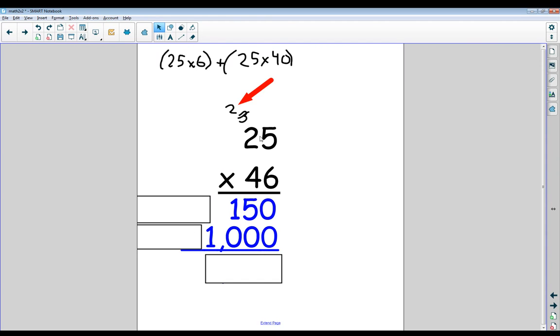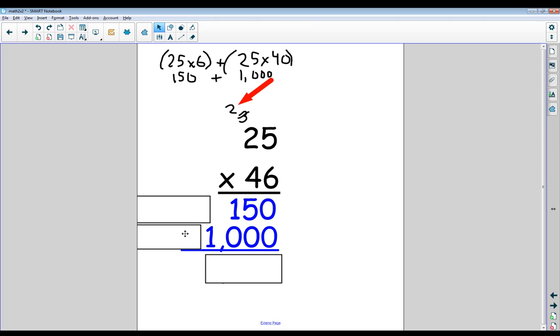Now, if you think about it, 25 times 6 actually equals 150. And 25 times 40 actually equals 1,000. And if we were using expanded notation and the distributive property, we would have to add these two partial products up just as we did in a previous lesson.